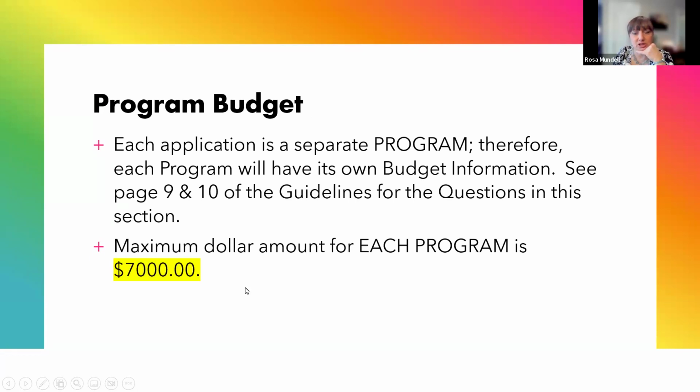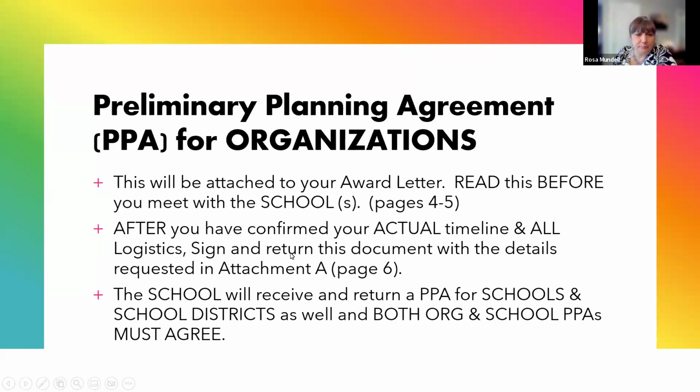Last year, we had a max of $17,500, but that included 4 programs. This year, for each program application, you will be able to propose up to a $7,000 budget. And you can refer again to the questions for the budget information, which I'm going to go through later.